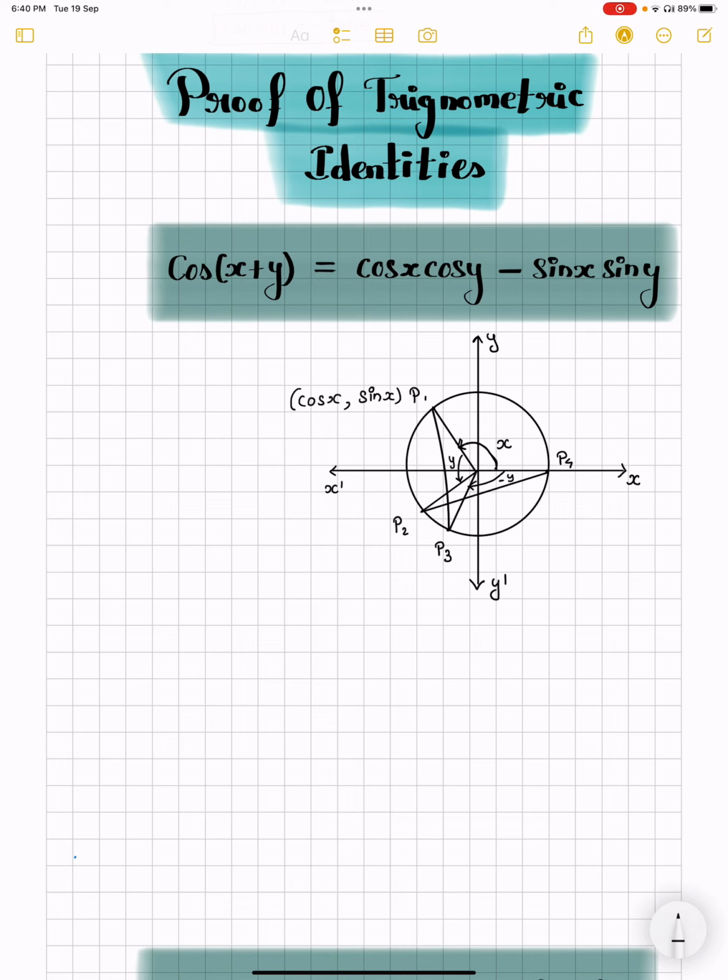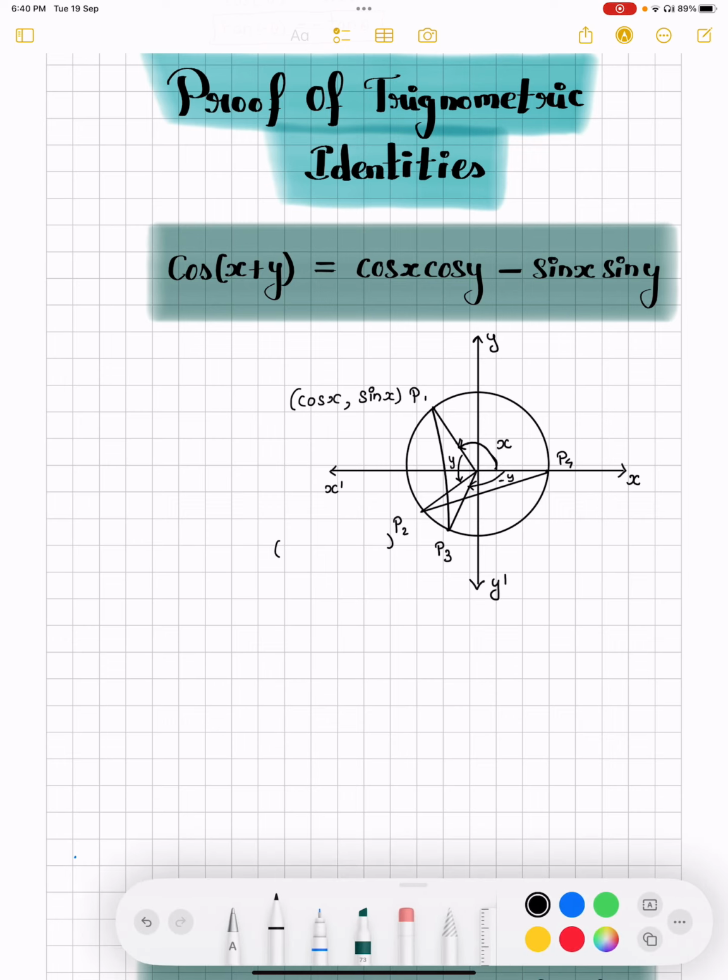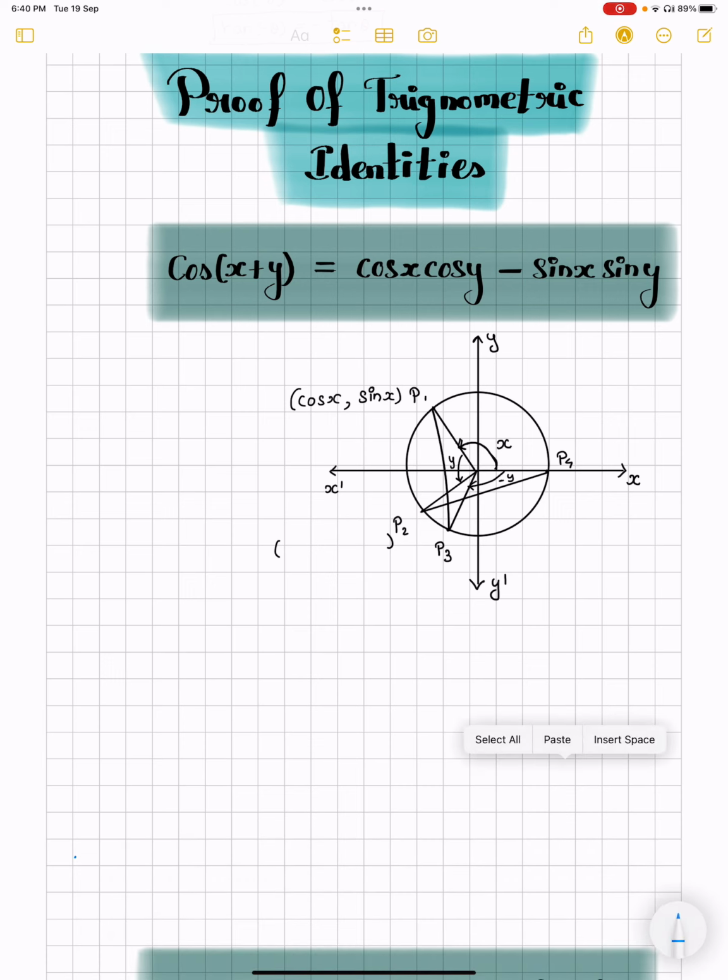Now, let's come to the coordinate of P2. Let's check the angle here. The angle which I have is x till here, and then I have y till here. Totally, it is x plus y. So I would be having cos of x plus y, and then sine of x plus y.